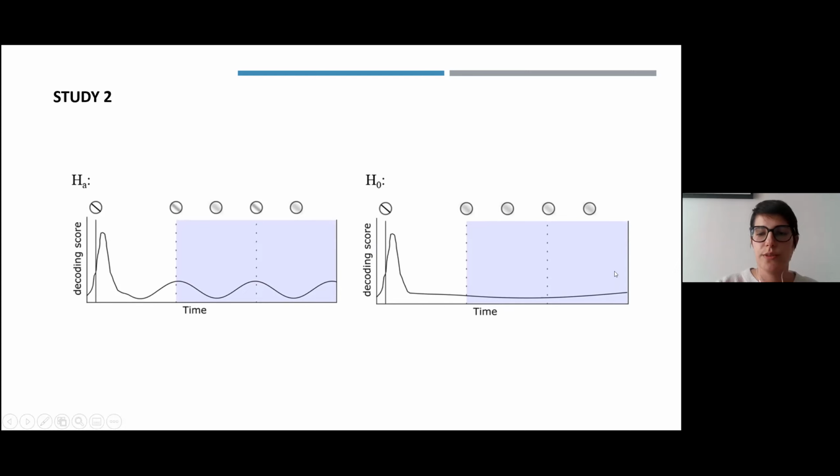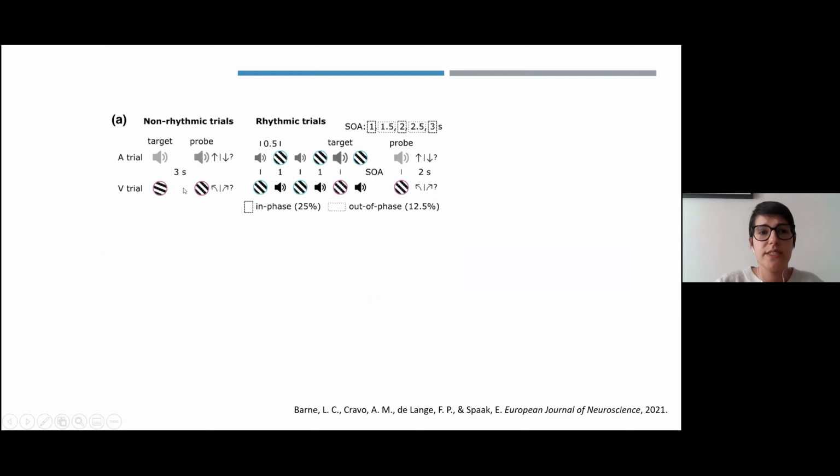So we wanted to test it because we didn't know whether this is how temporal expectations or rhythm temporal expectations would work. And that's what we did in our next paper.